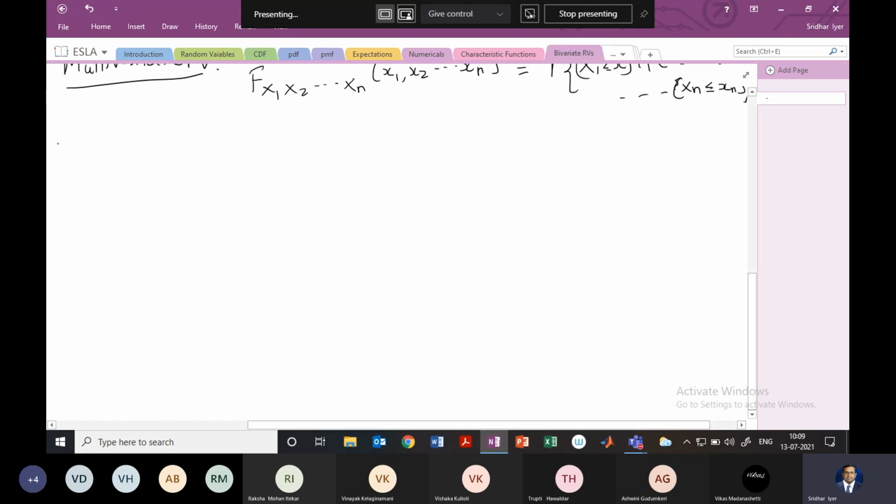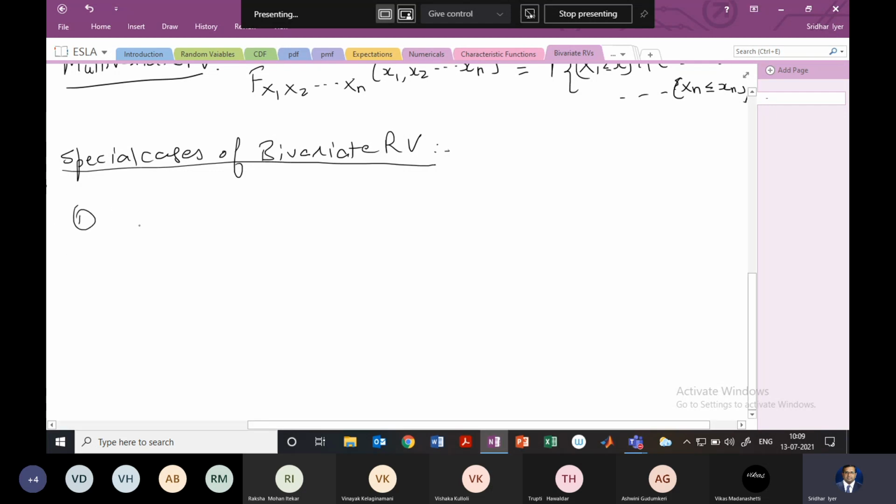So let us take some special cases of bivariate random variables. Like I've been doing since the start, I'll give you the theoretical part required to solve the numericals, and then we'll start solving the numericals, so that will give you more clarity.